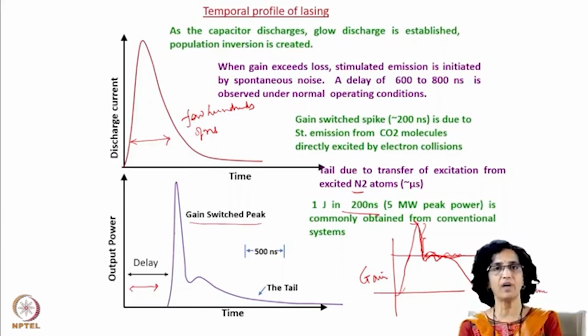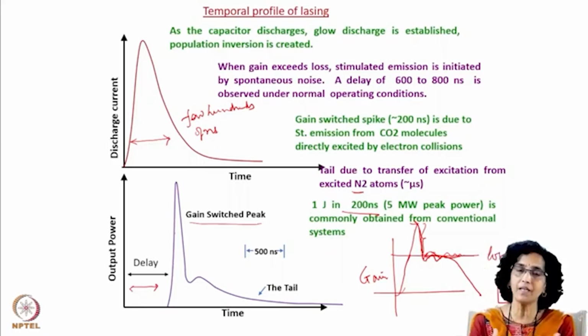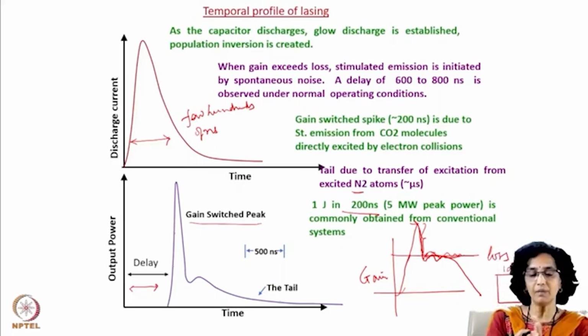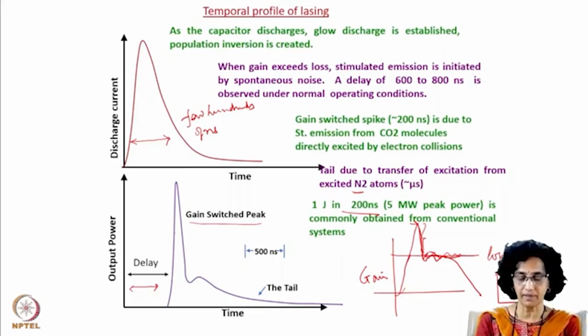It is not enough to have one pulse, you have 5 joule, and then the second pulse comes after many seconds. Many a time you require a continued operation, that is repetitive operation. So one also needs to be able to operate this laser in repetitive mode. So that is what we will try to take up next time.